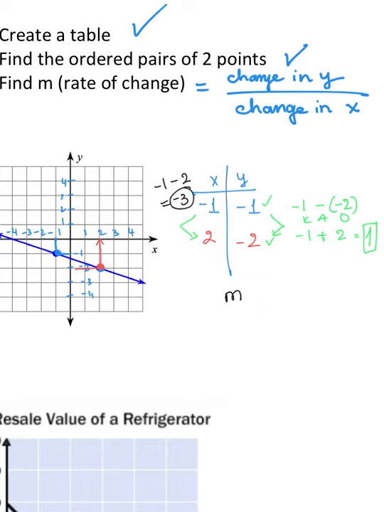So the rate of change will be the change in y, 1, over the change in x, -3. So I have 1 over -3, or we can say -1/3. They're the same.